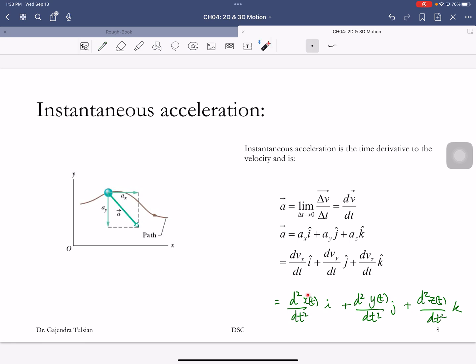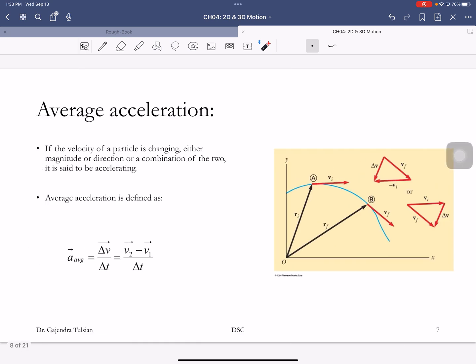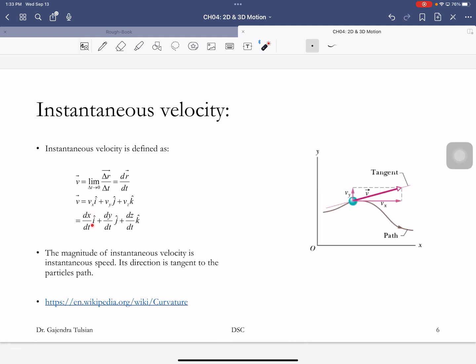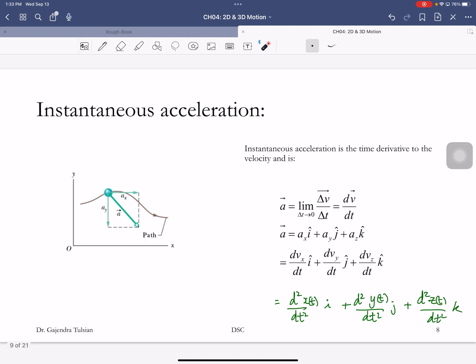So given these three functions describing the motion, you are able to calculate the velocity and the acceleration, and those are the two things you're interested in.